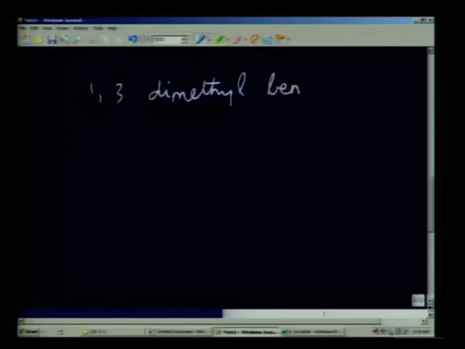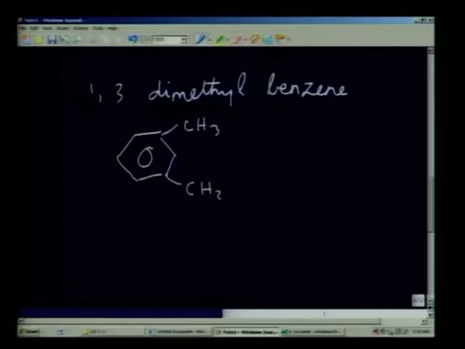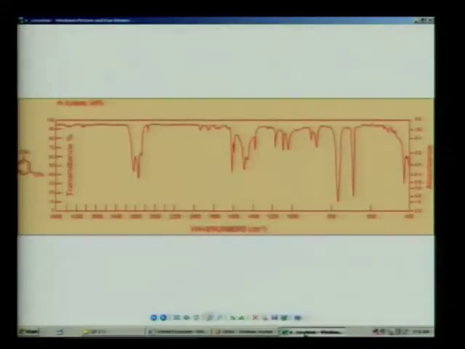So what we have is one more group, a CH3 and a CH3, and let us look at the spectrum of this compound.